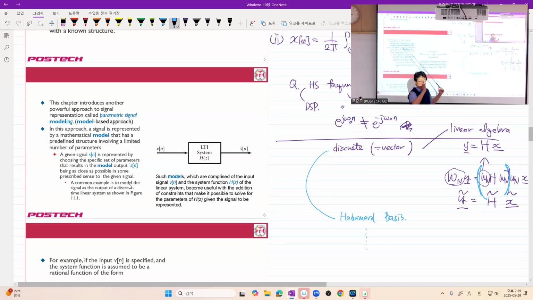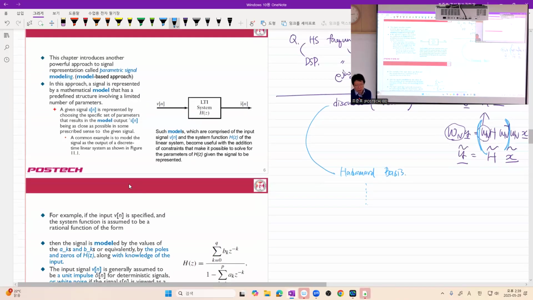So you have just seen a very small part of a big picture. Let's suppose this is the set of all useful bases for signal representation.